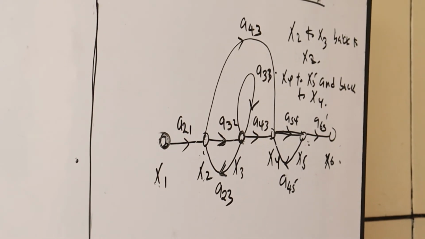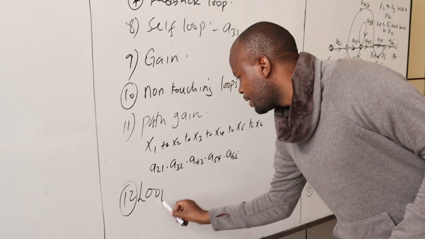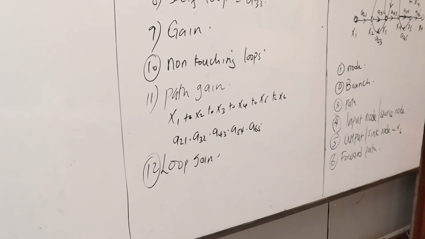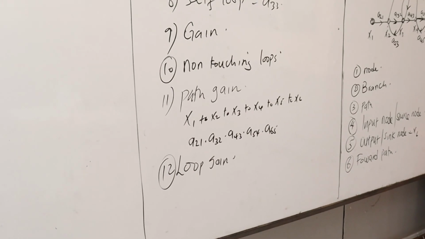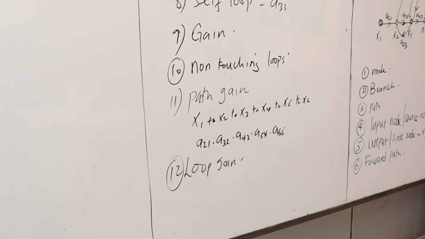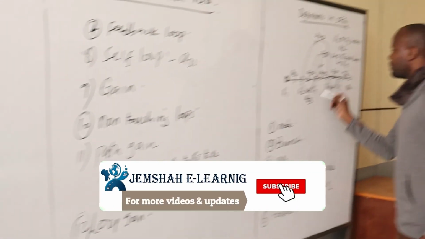Then in number 12, we can talk about loop gain. The loop gain is just the product of the branch gains of the loop.